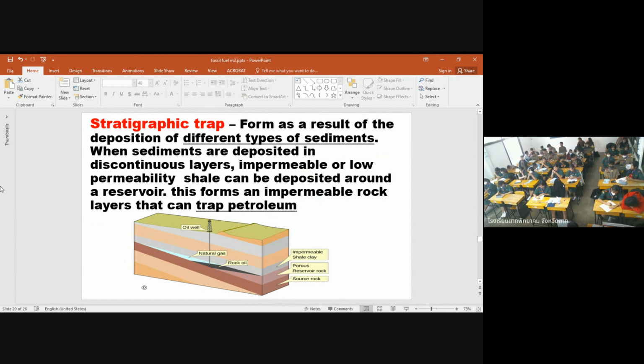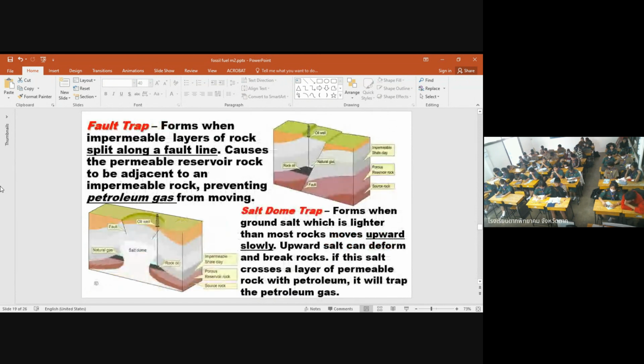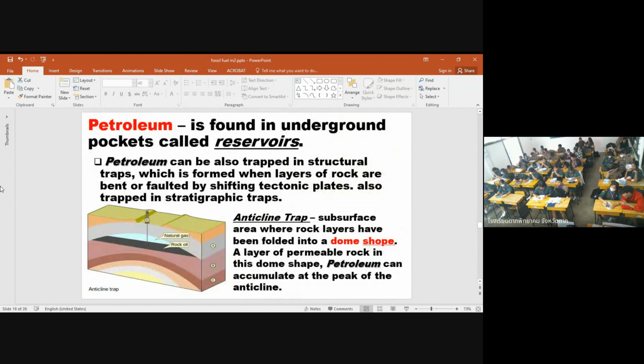So they have these different types of sediments. Again, we have your four traps. The first one is your anticline trap.